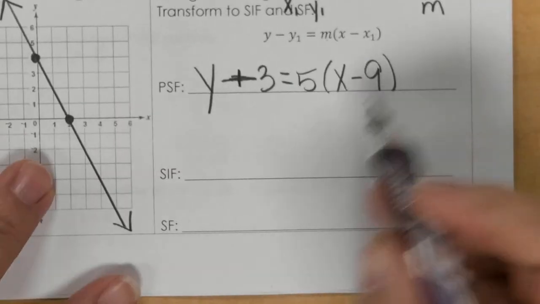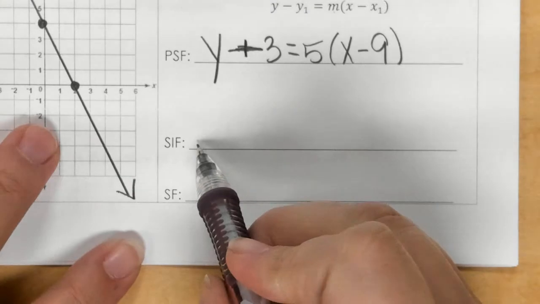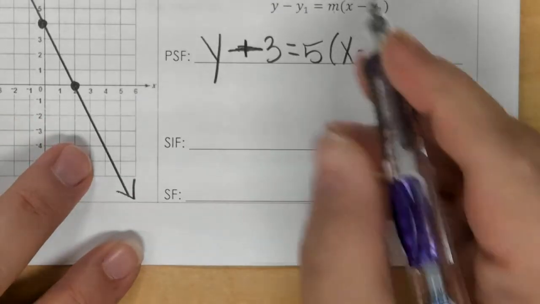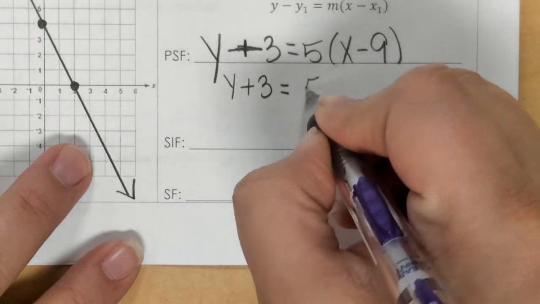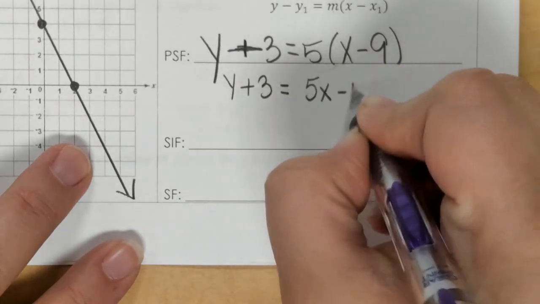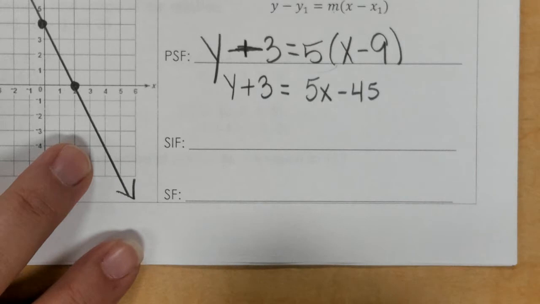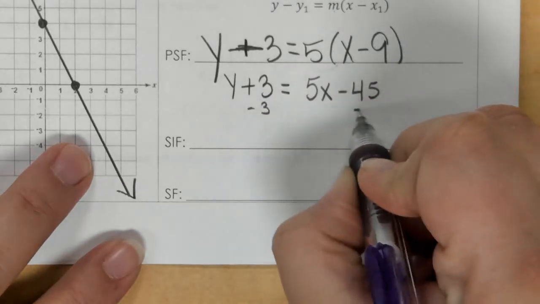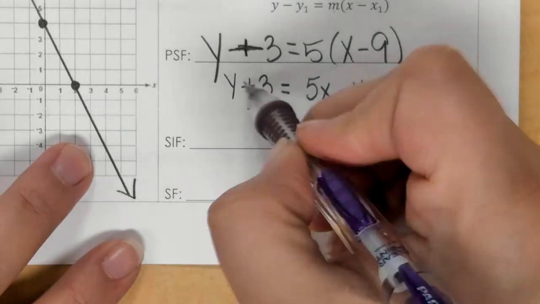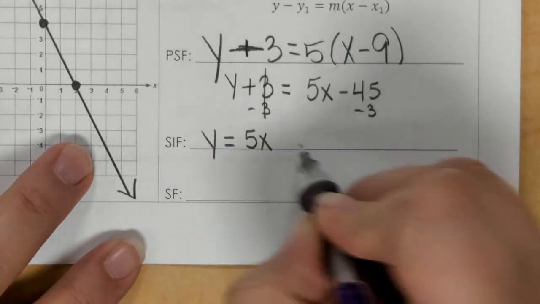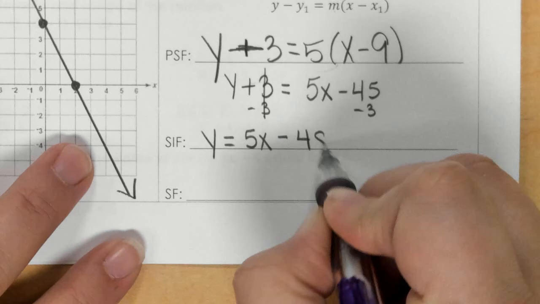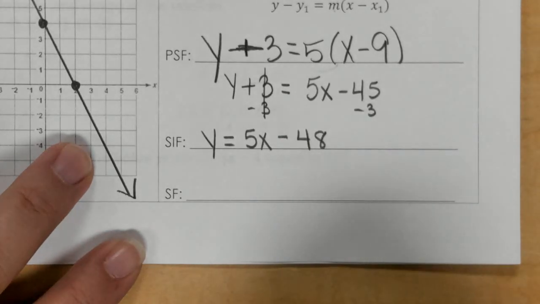So now to go from here to here, I need to distribute that 5. So I've got y plus 3, and that's 5x and -45. I need to subtract the 3 from both sides and get 5x minus 48.